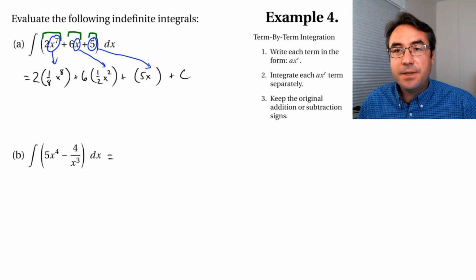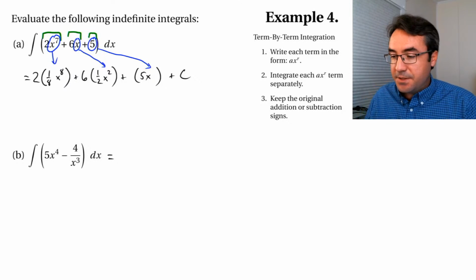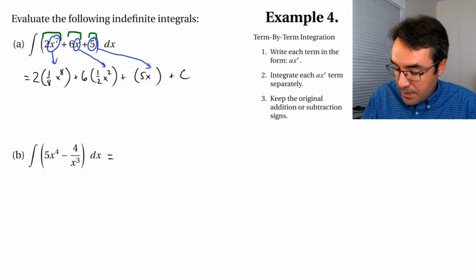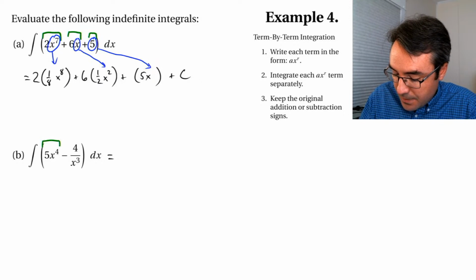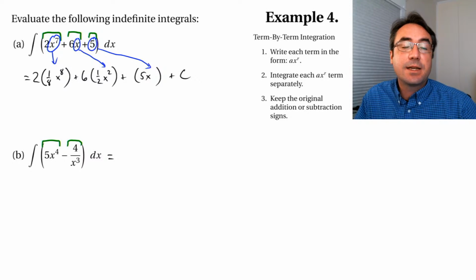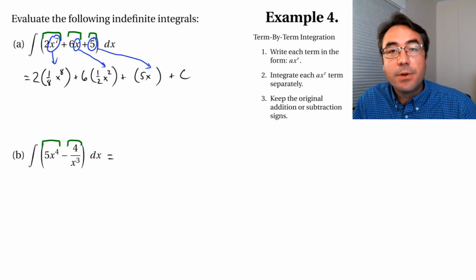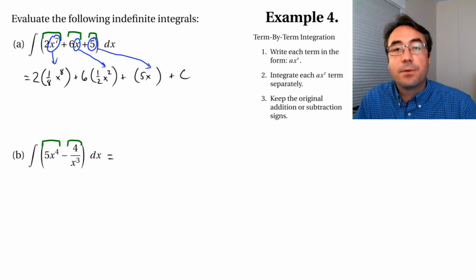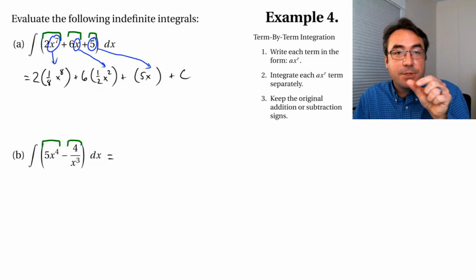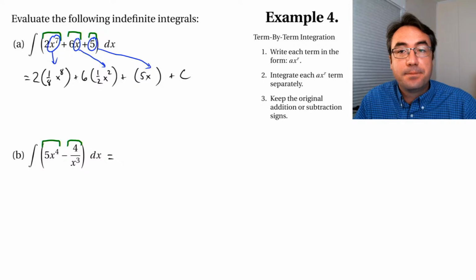So we want to write these in the form, when we look at this, I see 2 terms. I see the first term, and then I see a subtraction, and then my second term. So we're looking at 2 terms here. And we want to write each of those in the form constant times an x term.